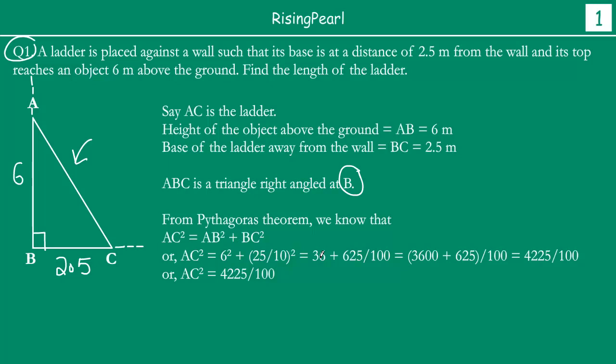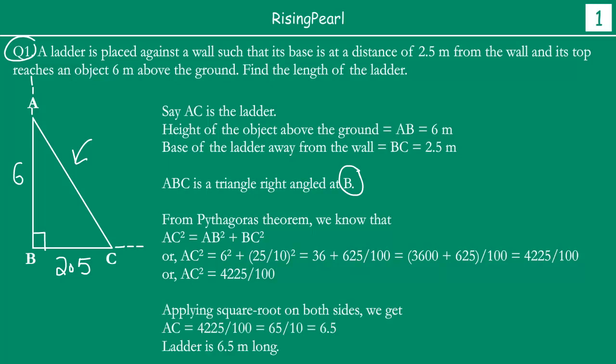So 36 plus 625 by 100. If you solve it, you will get AC square is equal to 4225 by 100, and now you have to apply square root on both sides. So applying square root, you will get AC is equal to 65 by 10 or 6.5 meter.